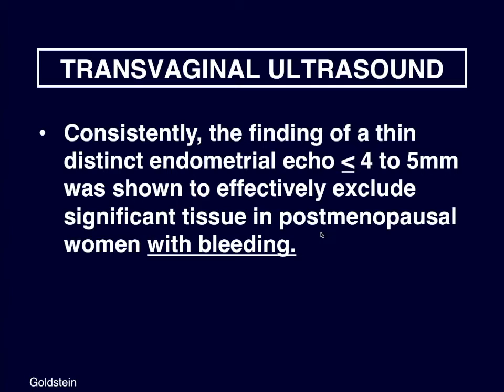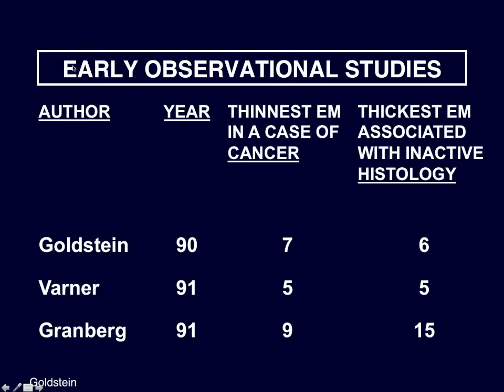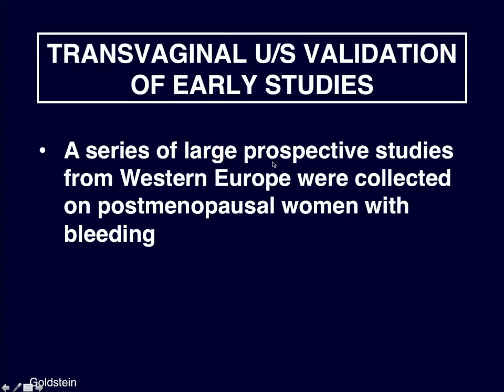Consistently, those early observational studies found that a thin, distinct endometrial echo less than or equal to 4 or 5 millimeters was shown to effectively exclude significant tissue in postmenopausal women with bleeding. These were some of the early observational studies we published in 1990, Varner in 91, Granberg in 91, but these were all just small observational studies.